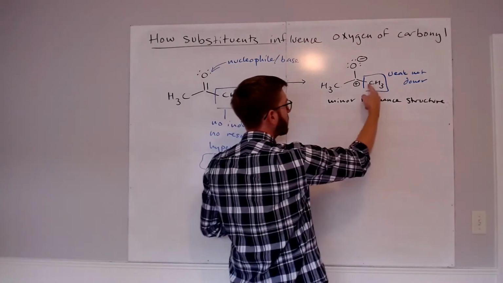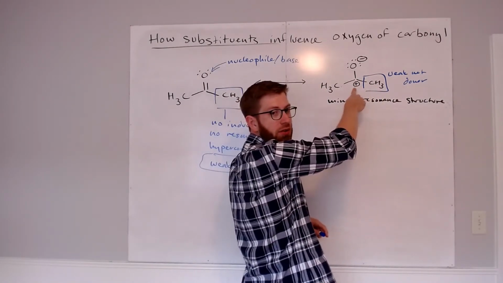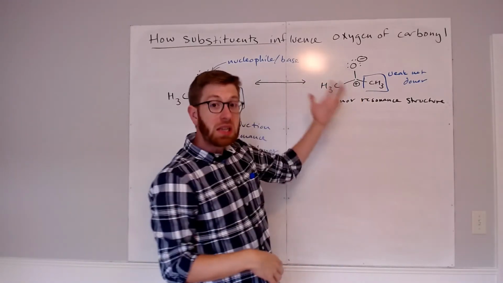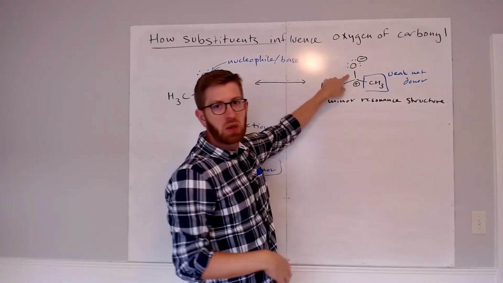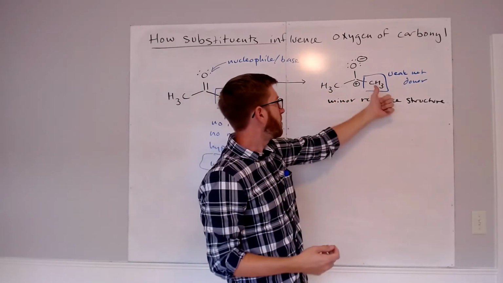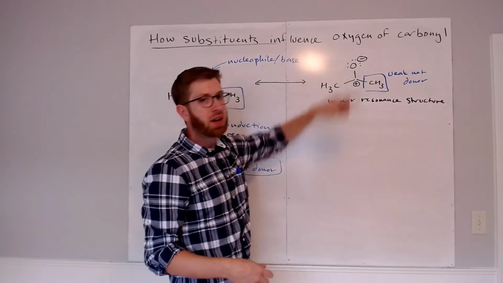And as we dump electron density into this positively charged center, or nominally positively charged center, right, there's less of a need to take electrons from this O- and move them into a pi bond. If I stabilize this positive charge by using the substituent as a donor, then the electrons on oxygen can just stay there.